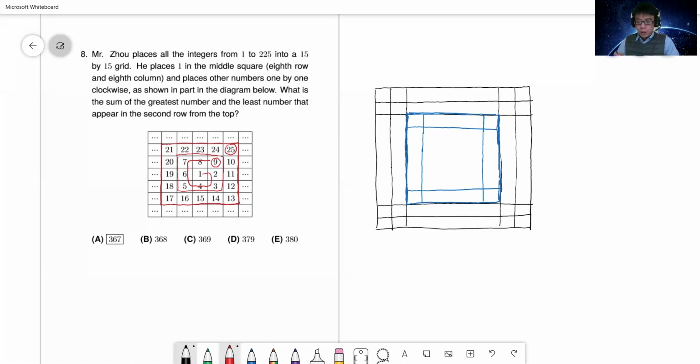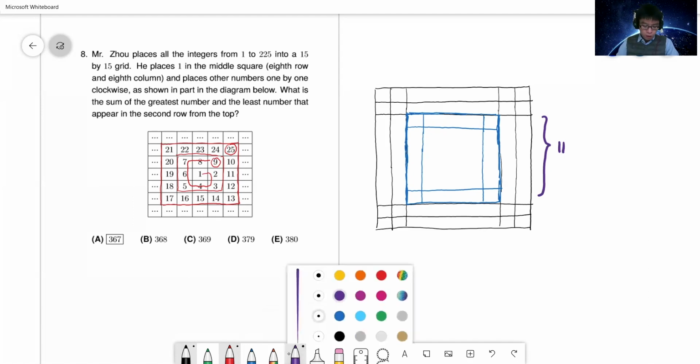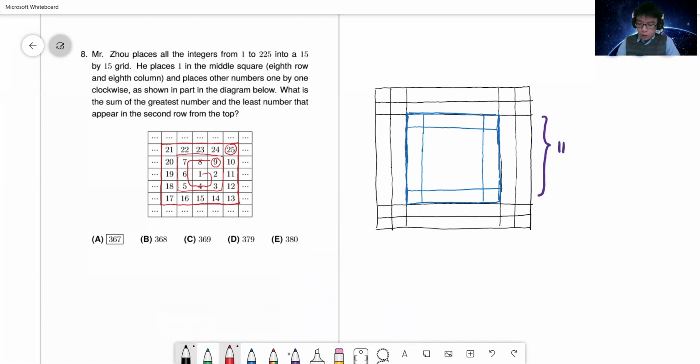So let's see, what's the largest square in the spiral before we reach the second row. That corresponds to an 11 by 11 square. That means on the upper right corner, this is 11 square, so 121. This number is 121. Following this pattern, we go to next here and downward here and here.